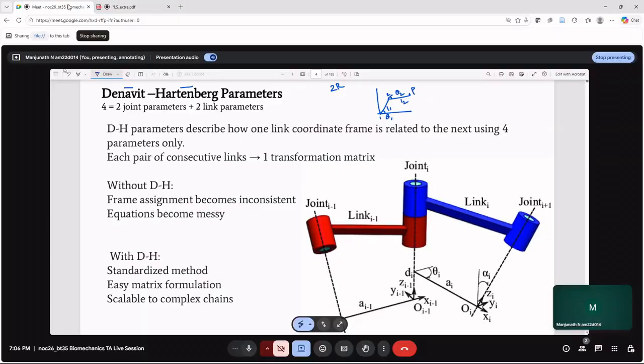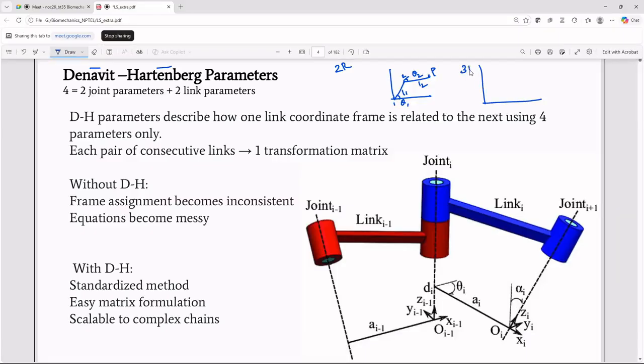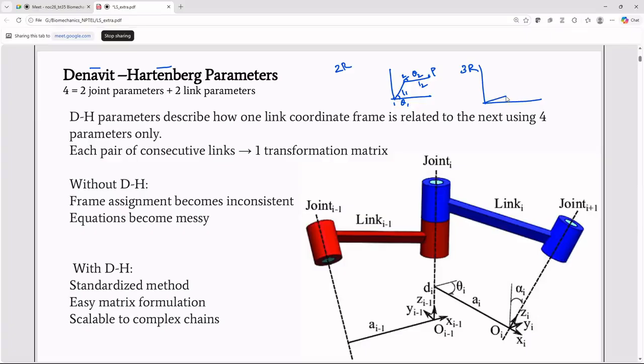But for systems having a higher number of links, if you try to solve for a 3R robot, here are L1, L2, L3, three links and three revolute joints, 1, 2, 3.